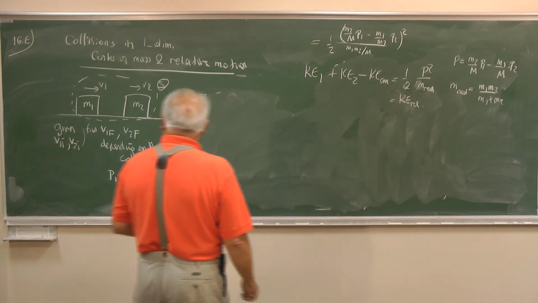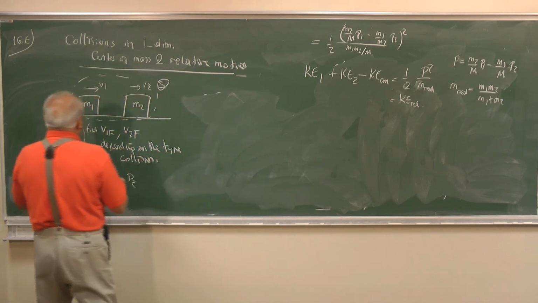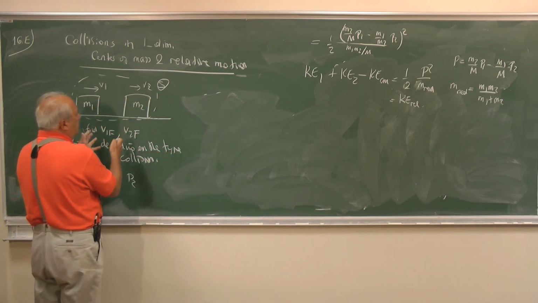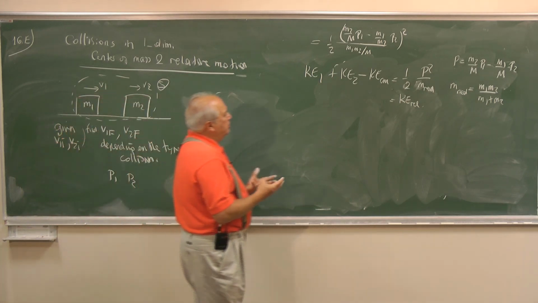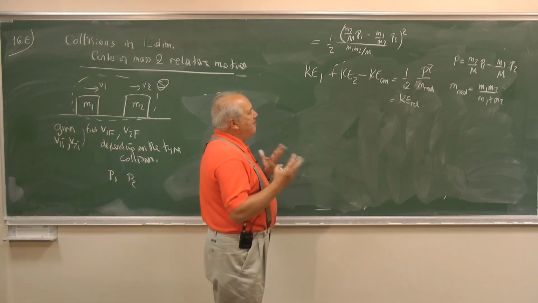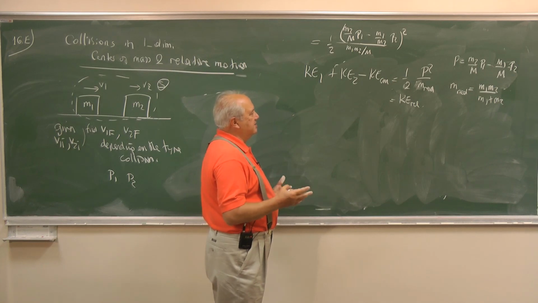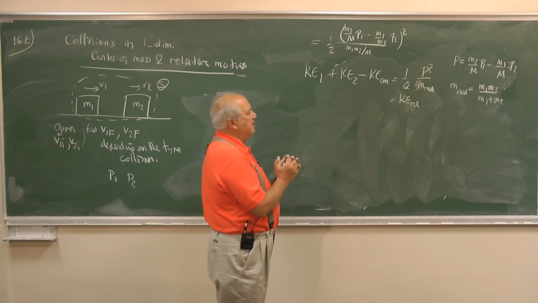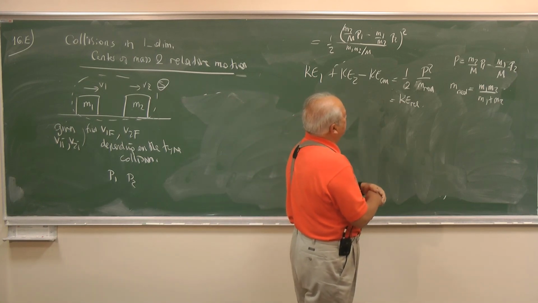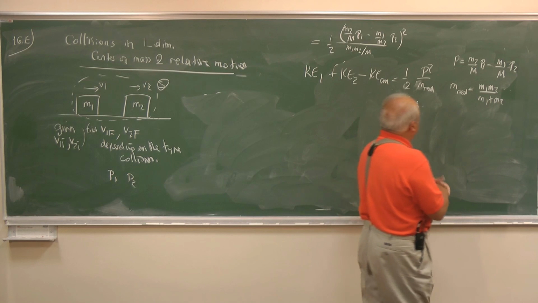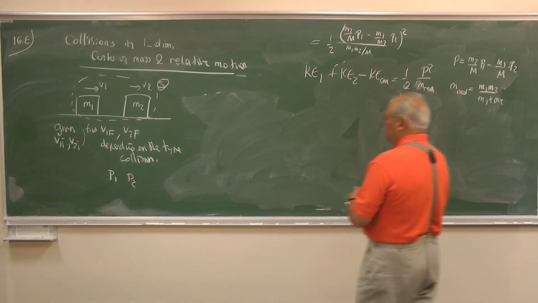So from P1 and P2 and M1 and M2, we transform to two imaginary masses, the central mass, M1 plus M2, and the reduced mass, and the center of mass momentum, and the momentum of the relative motion.